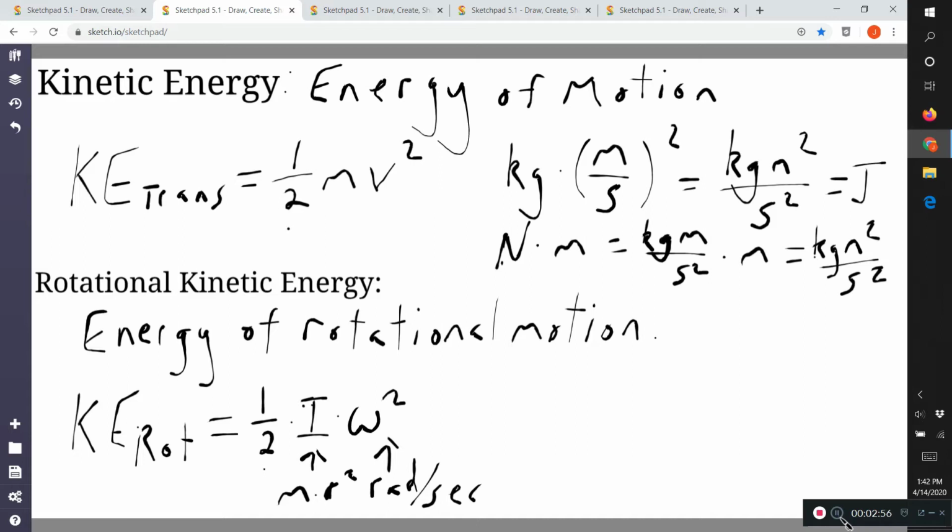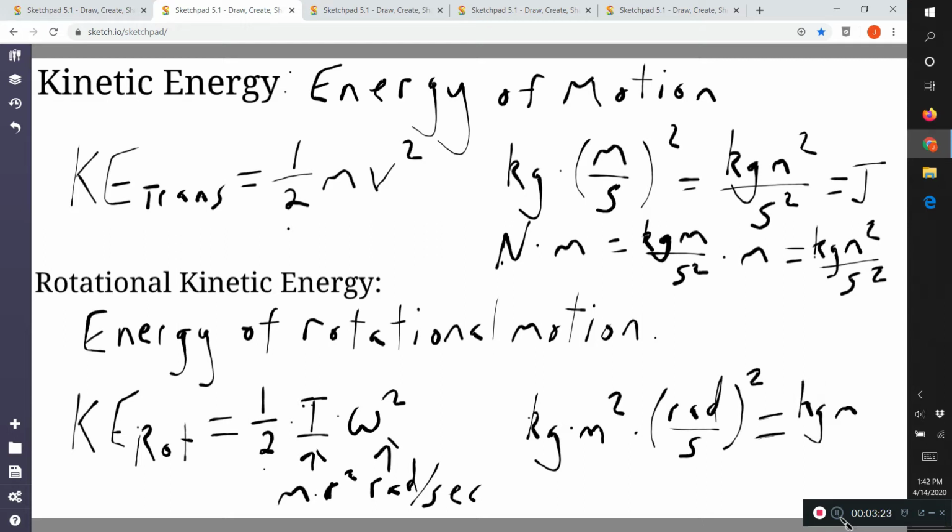But for our moment of inertia, we'd be taking a kilogram times a radius, let's say measured in meters because we like to measure distance in meters. We're squaring that, the radius squared, times radians per second, squared. Remember, radians are essentially unitless, so the fact that we have radians squared here doesn't really affect our final answer. We end up getting kilogram meters squared per second squared, which is the exact same unit. It's still measured in joules.